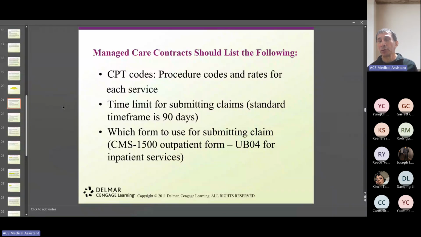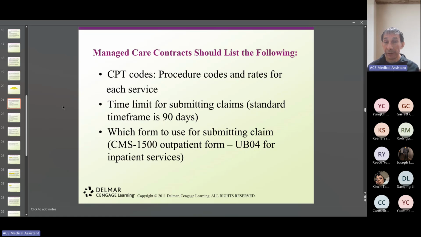So we have up to 90 days to submit a claim to the insurance company for the services provided to our patients. See, one of the good things about electronic health records is that we send the claims daily. As soon as we review the diagnosis and the procedures, the biller sends the claim to the insurance company, and we get the money right away.